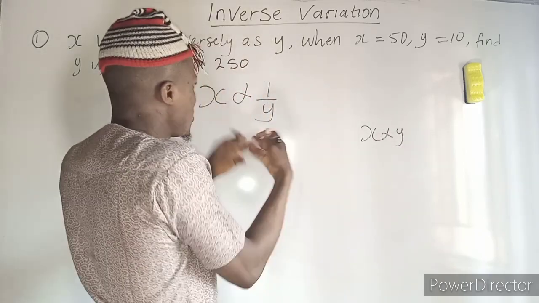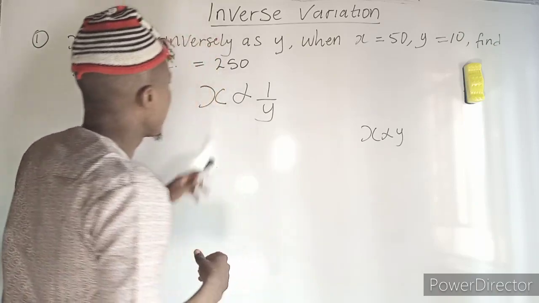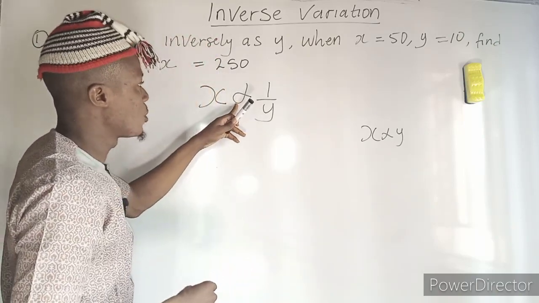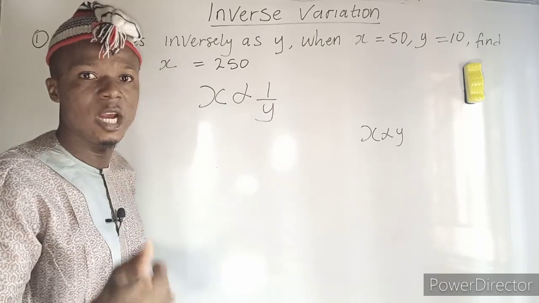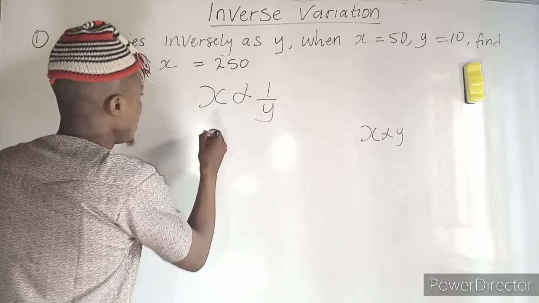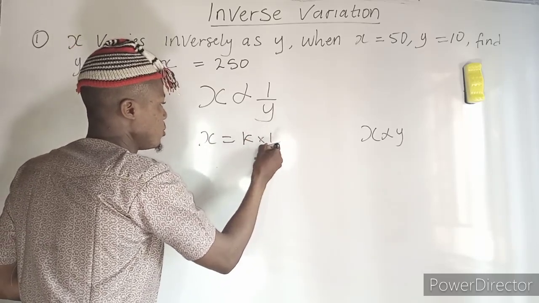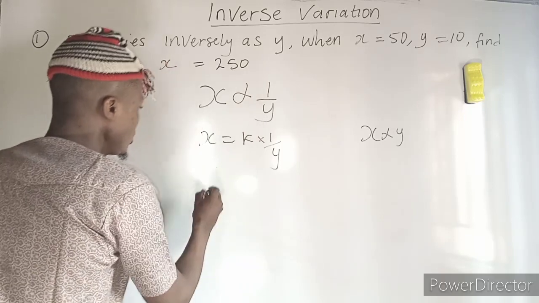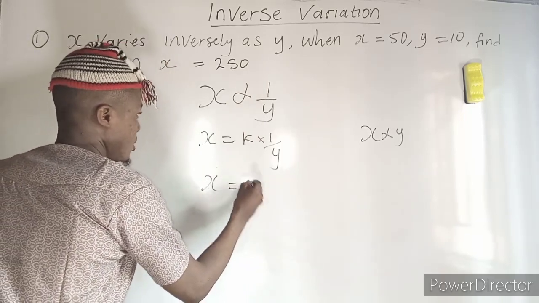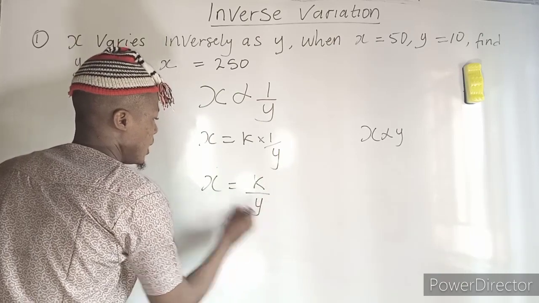But inverse means reciprocal, so we've turned the letter y upside down. Okay, as usual, to remove the sign of proportionality, you must introduce a constant, and our constant is always k. So x is equal to k times 1 over y. So x will give us k times 1, which is just k, all over y.